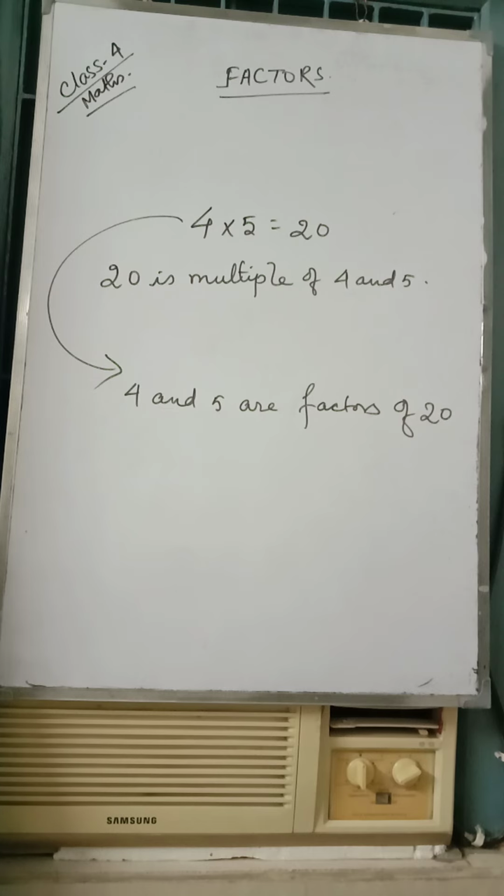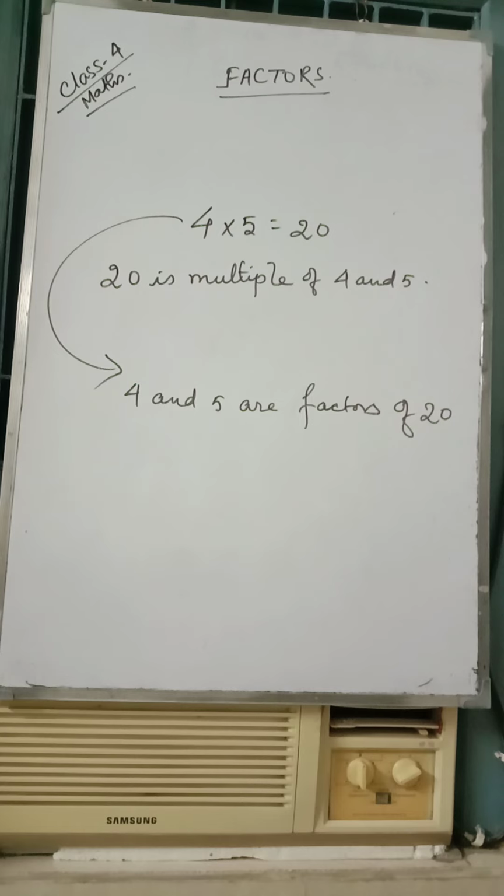Now, as multiples had properties, factors also have some properties. A number has a finite number of factors, as the multiples were infinite but the factors are finite. Second, 1 and the number itself are factors of every number, meaning every number is divisible by 1 as well as itself.